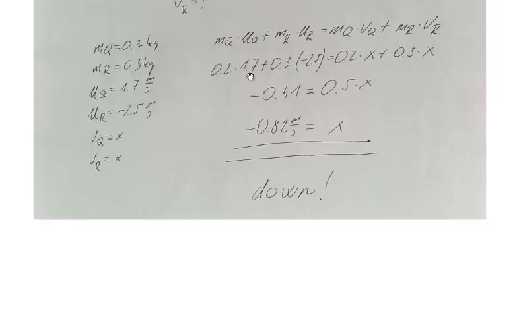We can substitute and we get that the velocity immediately after the collision is minus 0.82. It's a negative value, so the direction of motion is down.